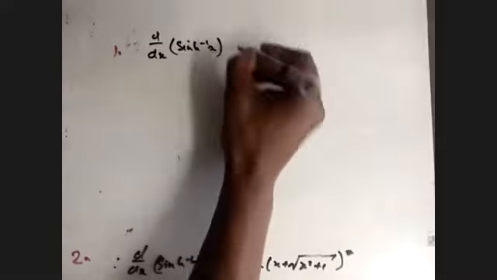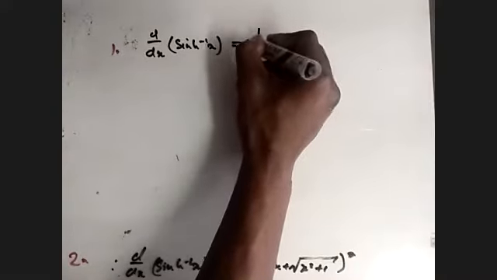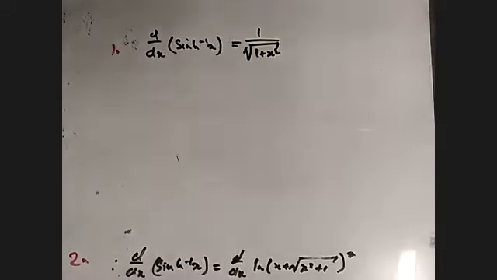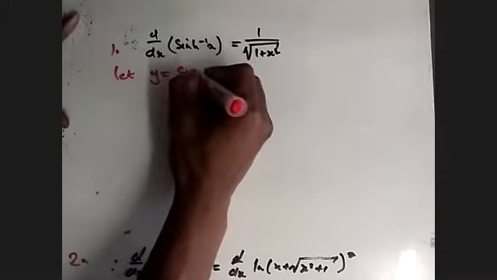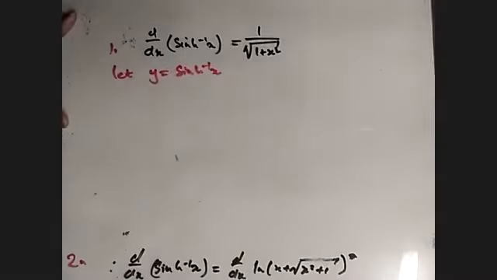So we need to just show that this thing is equal to 1 over square root of 1 plus x squared. Okay. Now, I said to you guys, it's an arithmetic that we have used before and we do understand it. And for simplicity in this particular thing, let y be equal to arcsinh x.